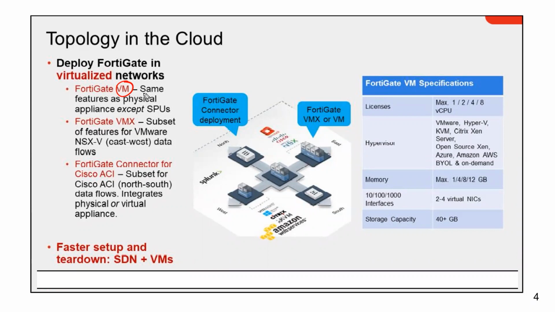That's basically for if you have an implementation of monitoring devices, and you have Splunk, and you have, let's say, Citrix and all these kinds of devices, then you need an ACI, or basically now we are talking about APIs, where you need to integrate your FortiGate firewall with all those devices, so that you will be able to understand the amount of traffic which is passing with the right kind of security, and making sure that all of the devices are integrated with the FortiGate firewall, with your APIs in place.